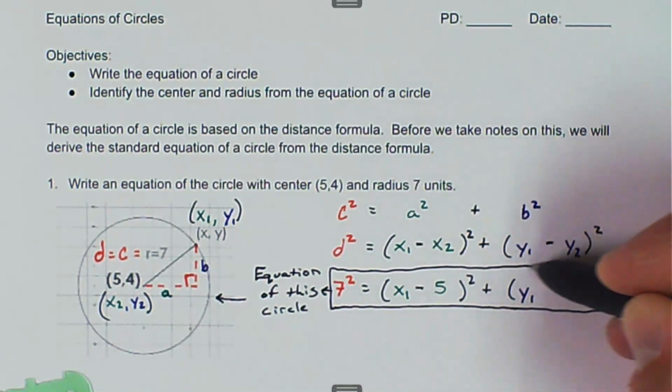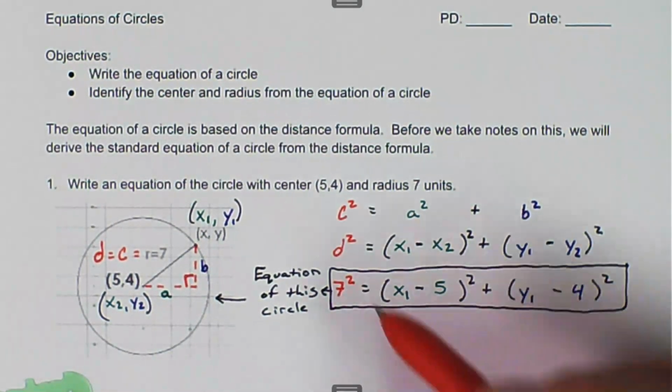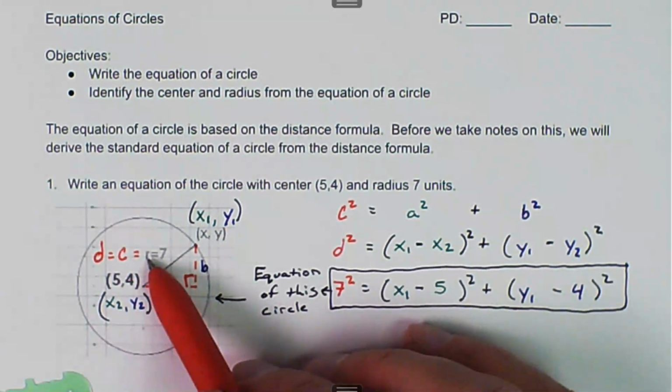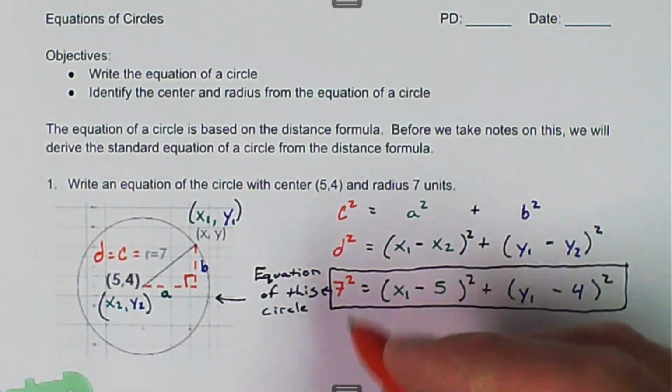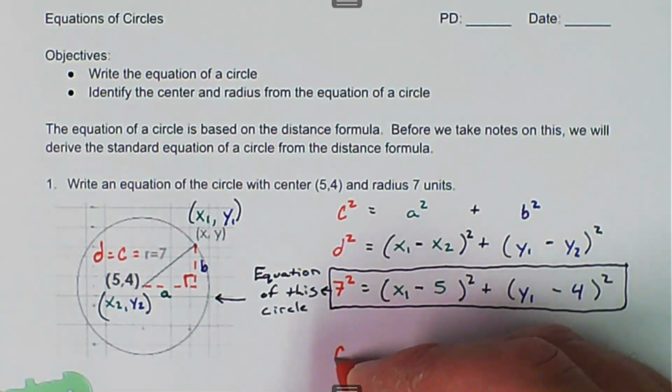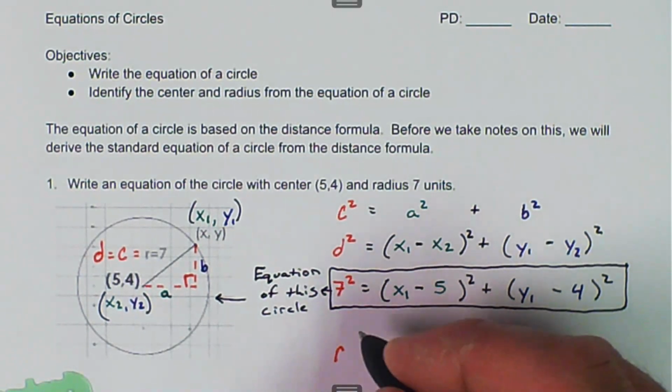Now, what are the important pieces of information that we can take from this circle that we can generalize for any circle? So the radius is going to be this value here that we square. So that's going to always just be our radius. That's going to be one value that we're looking for. And we're always going to have that value squared.